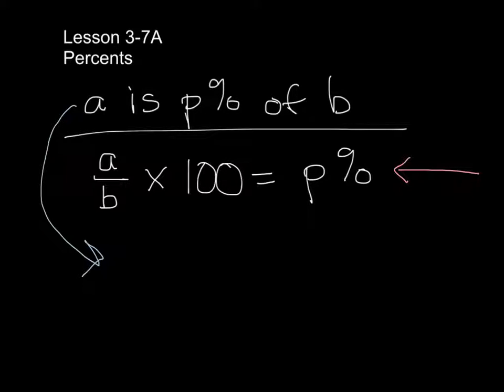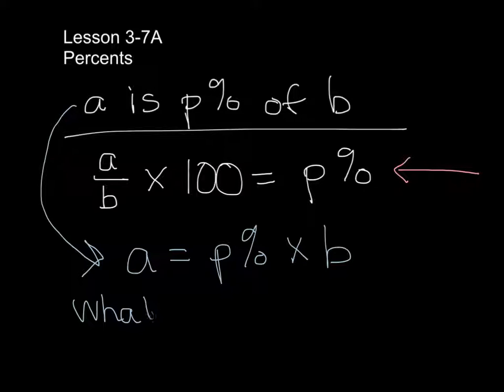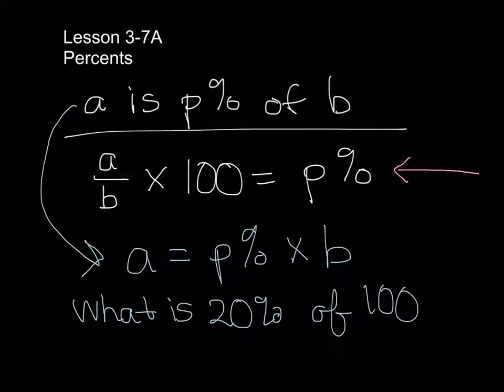What we're really saying is A is equal to some percentage times B. Okay, so for example, if we were given the problem, what is 20% of 100, okay, that's an easy enough one that we could probably do it in our head.